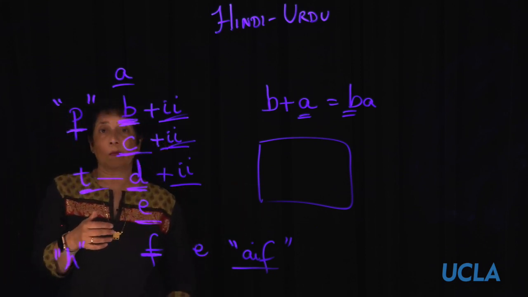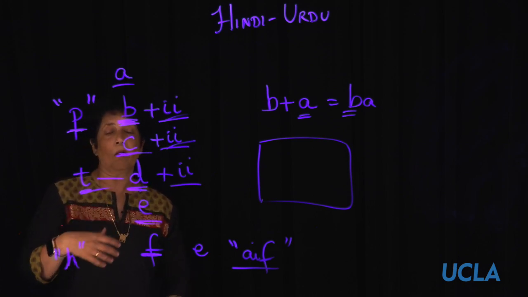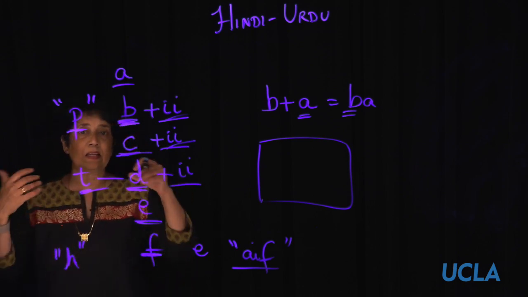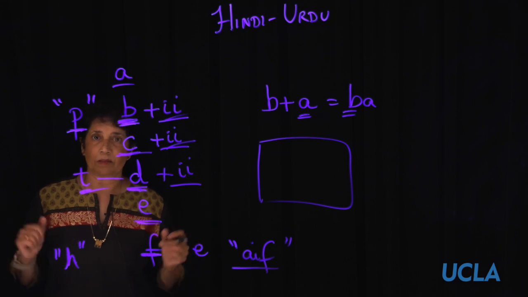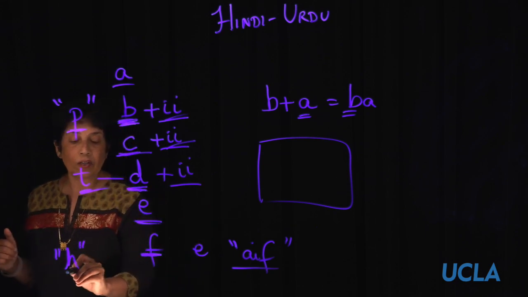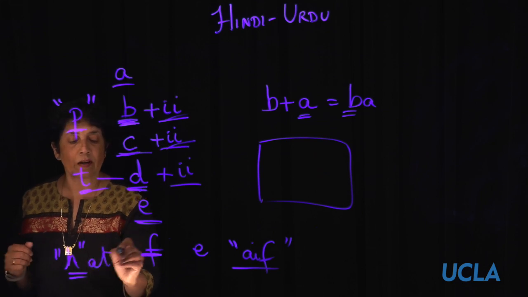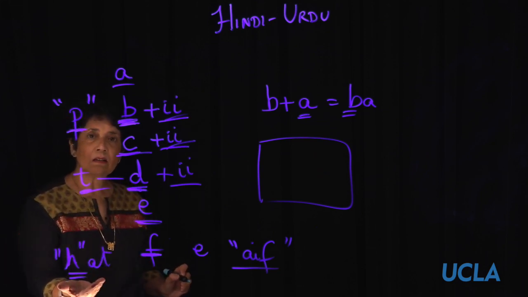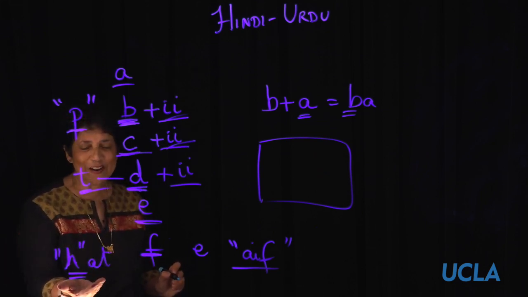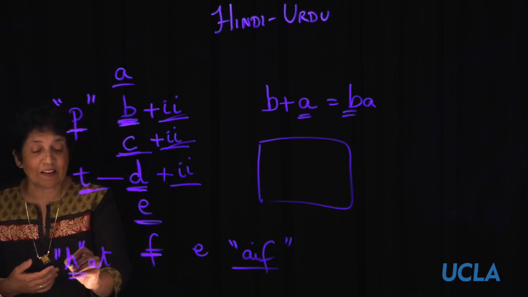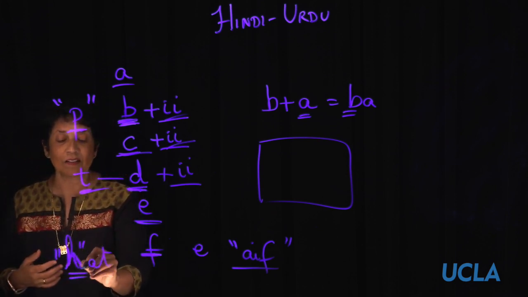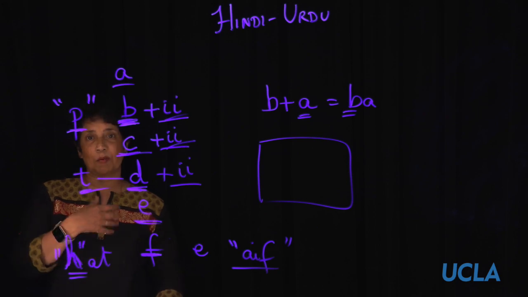B for ball, B for boy, right? Or D for day, D for date, whatever. What do you do with H? If you have a word, is this "H at"? No, right? Here's the sound that we use in pronunciation.